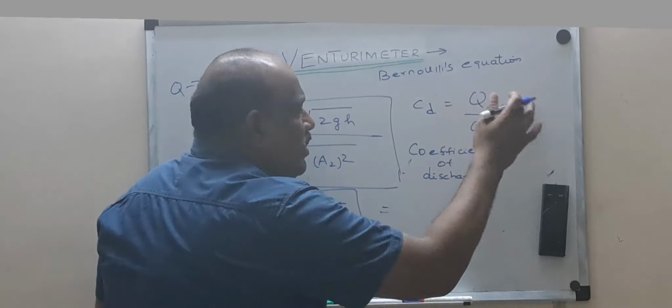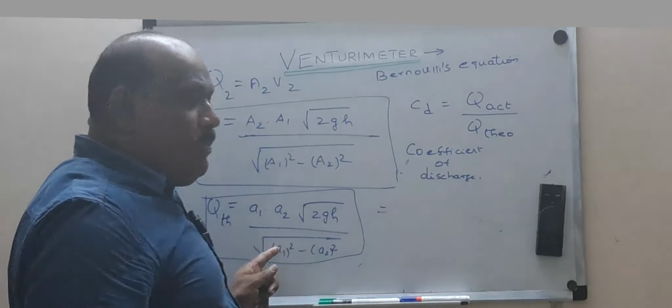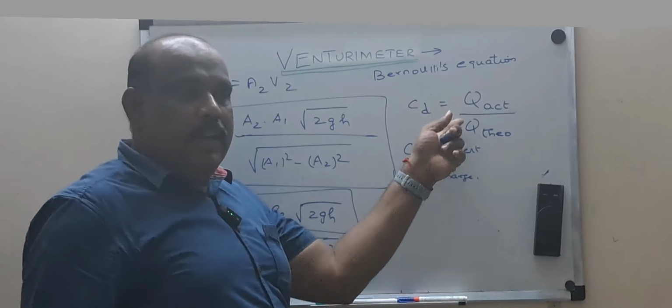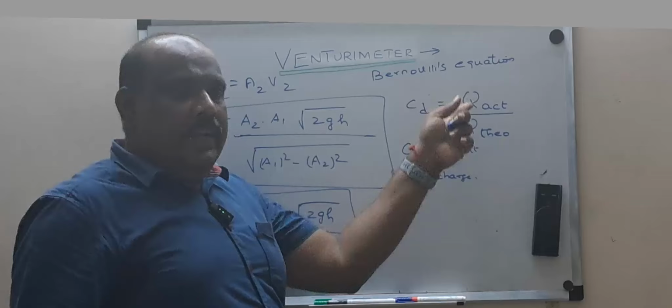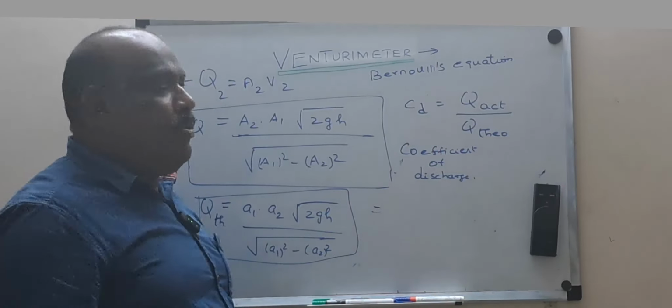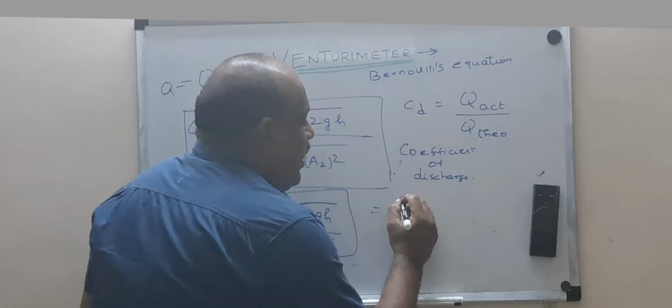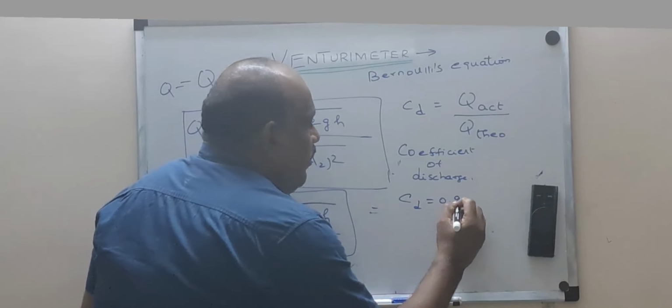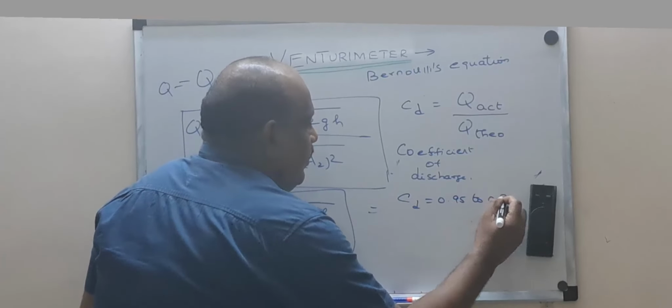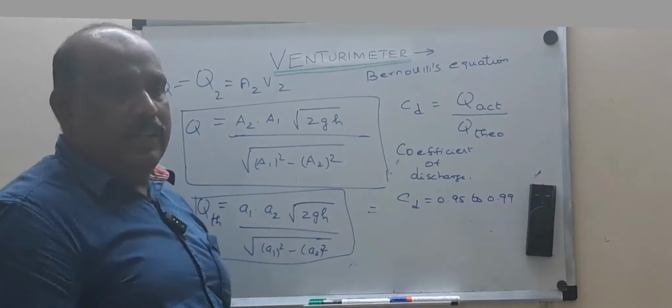Less than 1. Q actual will be less than Q theoretical, which I put in the denominator, so the numerator is less than the denominator. For a Venturi meter, this value of CD ranges from 0.95 to 0.99. Got the logic?